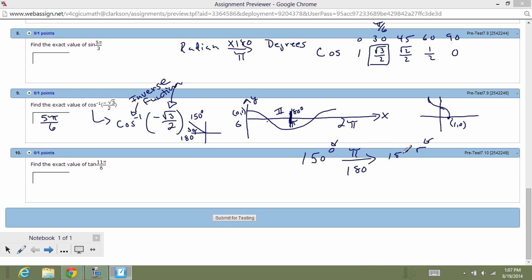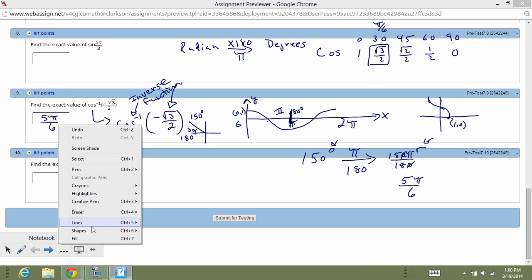So that gives us 150 pi over 180, and then multiplication there, 150 times the pi, and division by the 180, we can reduce that, and it's pretty obvious that that reduces to 5 pi over 6. So your answer for question number 9 would be 5 pi over 6 radians.